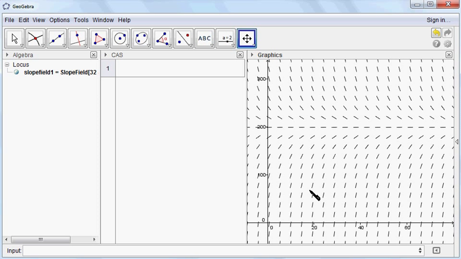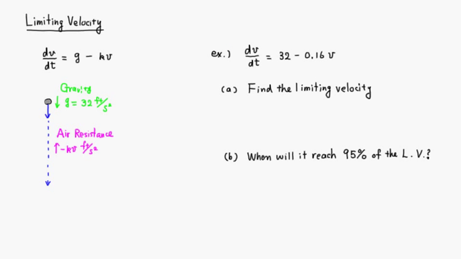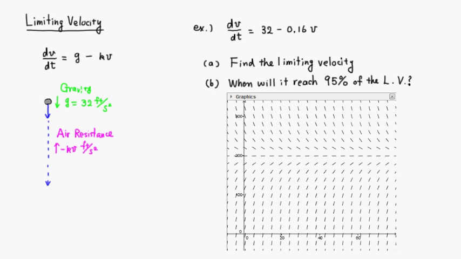If you want to sketch a solution curve, it would probably look kind of like this. If you start from the origin, right here, which means that you start at rest, then just follow the slope.